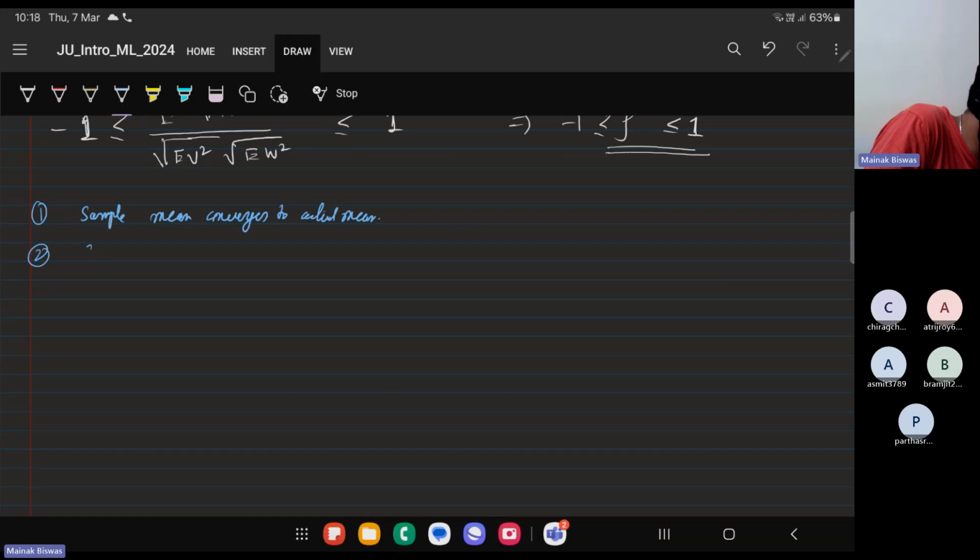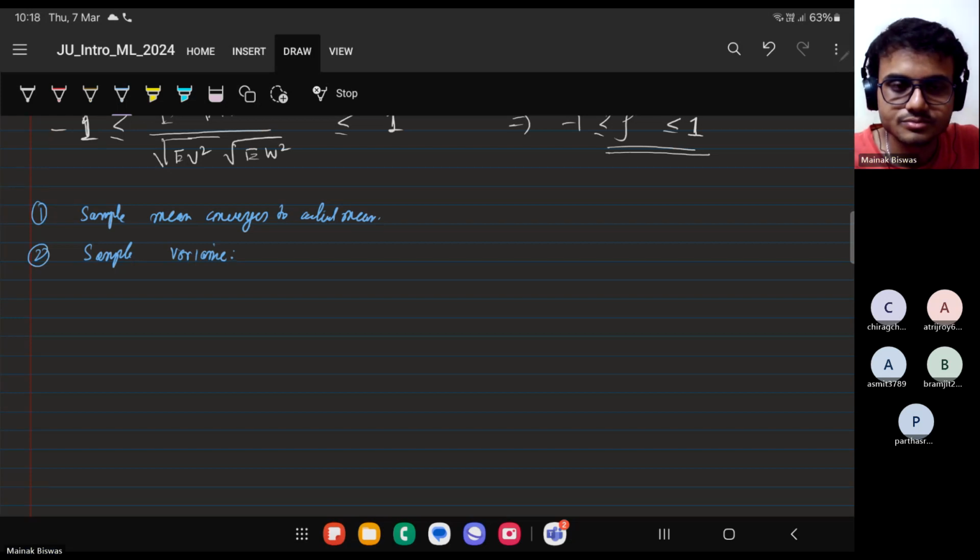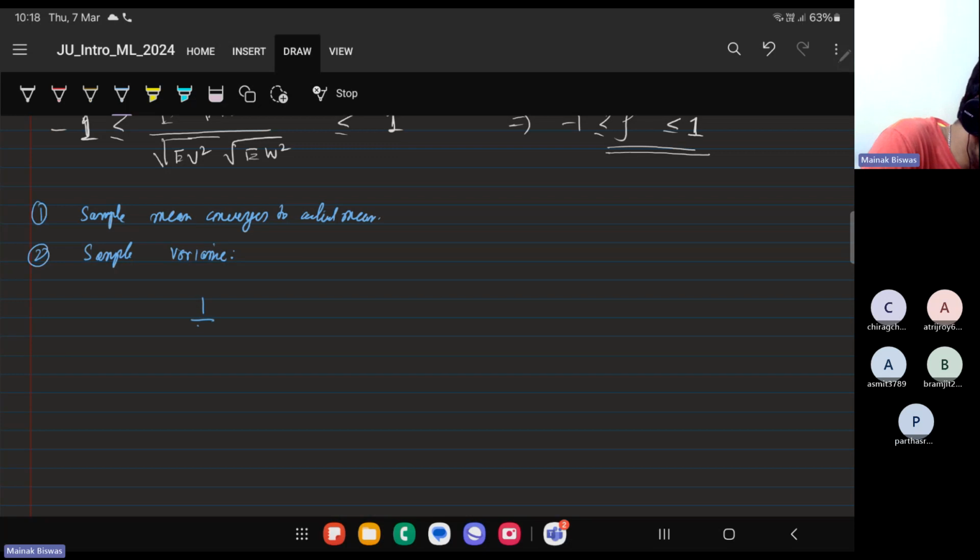Now we'll do sample variance and we'll stop. Recall your actual variance of a random variable is the expected value of (X minus mu_X) whole square, right?